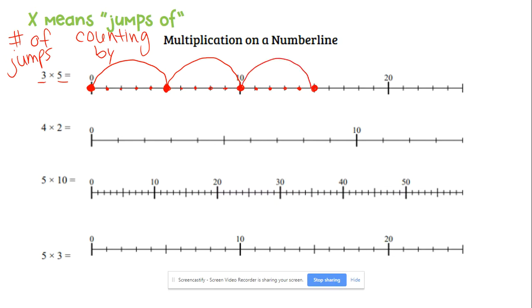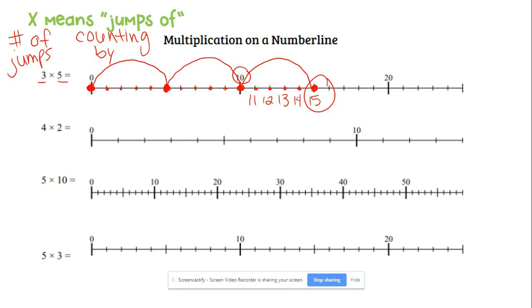There's not a number at that last big dot, but that's what my answer is supposed to be. I'm going to use the numbers that are already labeled on this number line to help me figure out what number should go at that last tick mark that I have my dot on. So if this one is 10, and I'm counting up, this would be 11, 12, 13, 14, and 15. So 3 jumps of 5 is equal to 15.